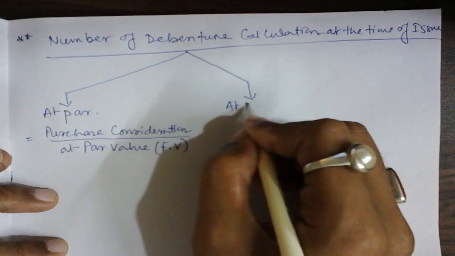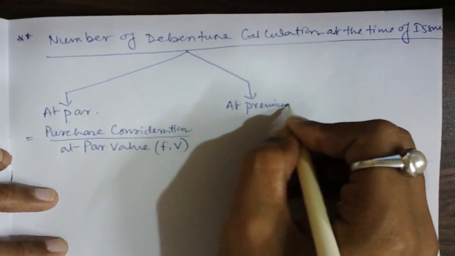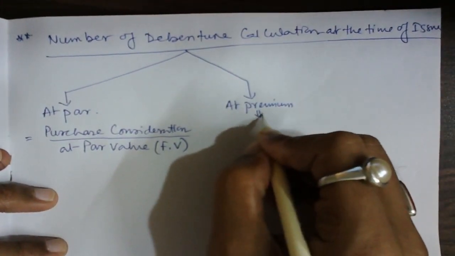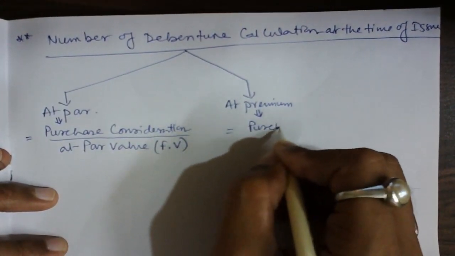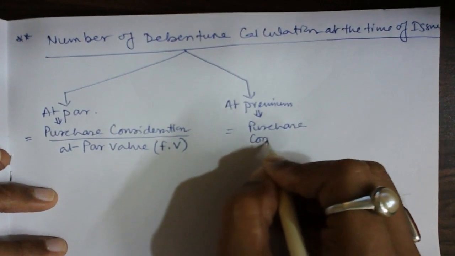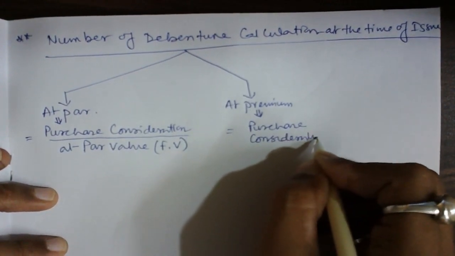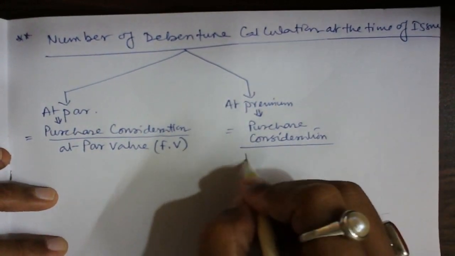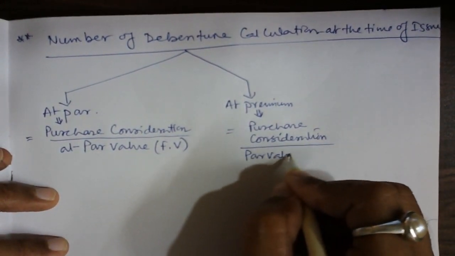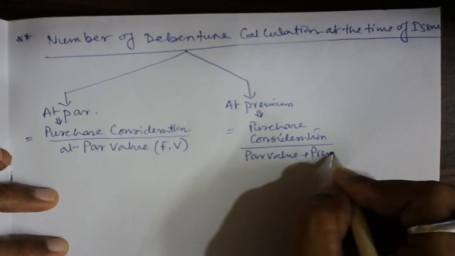At premium: purchase consideration divided by par value plus premium, definitely, sir.